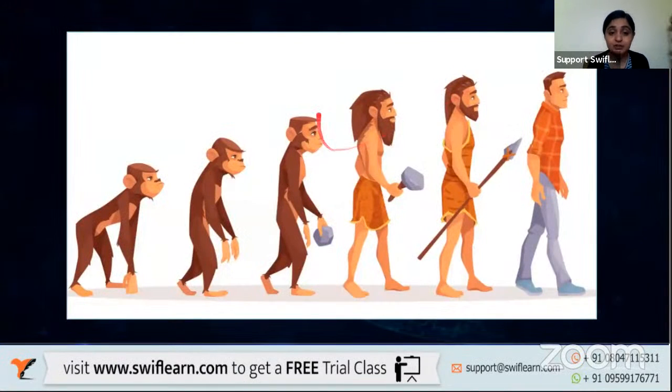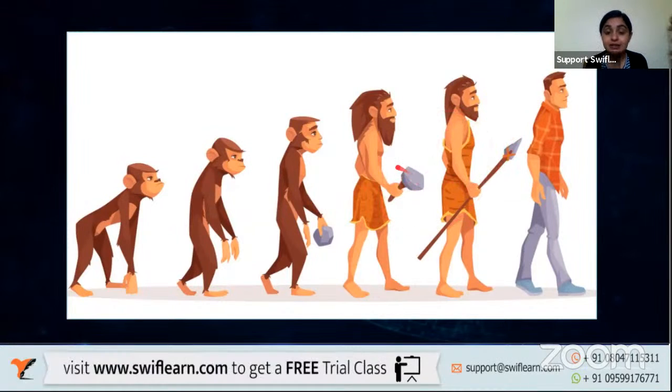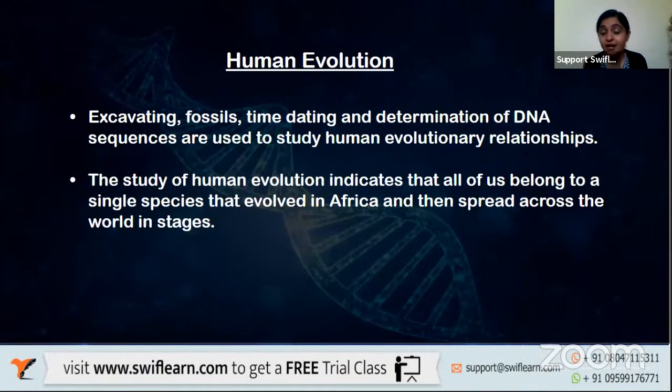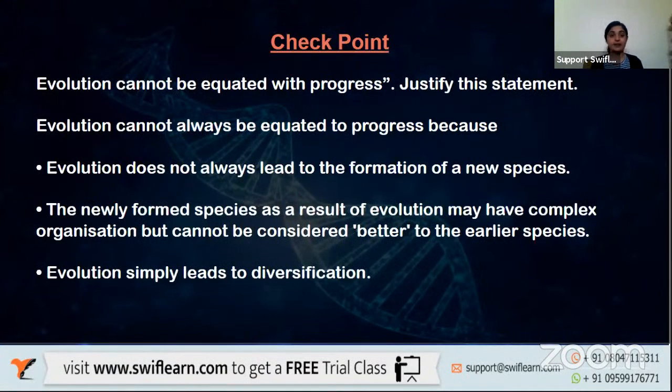So maybe we evolved from the chimpanzees, then initially grew into wild living mammals or animals, and then they mostly evolved. The studies say it evolved in Africa, and from over there the human species spread over the entire world.